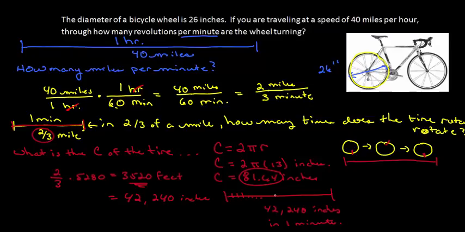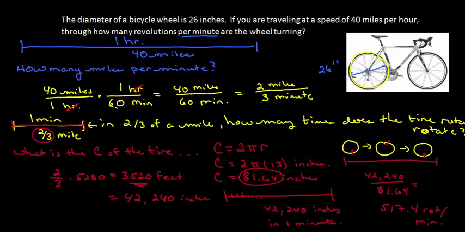It'll rotate a bunch. To figure out how many times it rotates, we just take the 42,240 and divide that by 81.64. That gives us how many times we rotate, which is about 517, just a little bit more than that. So I'm going to say 517.4 rotations every minute.